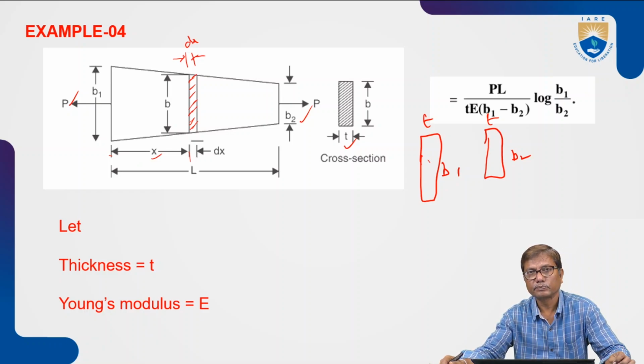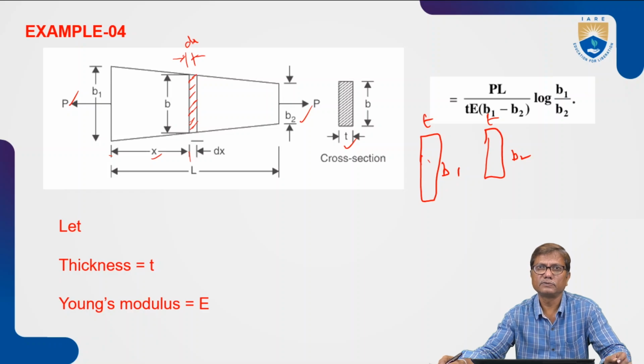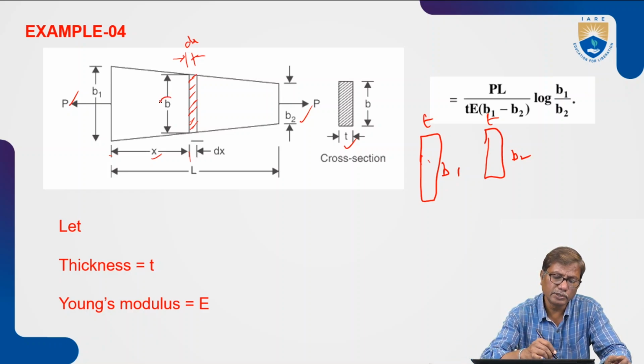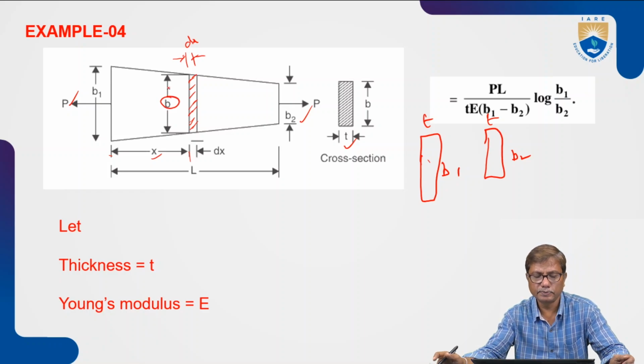Consider an element of length dx and width being b. Let the width at distance x be b.